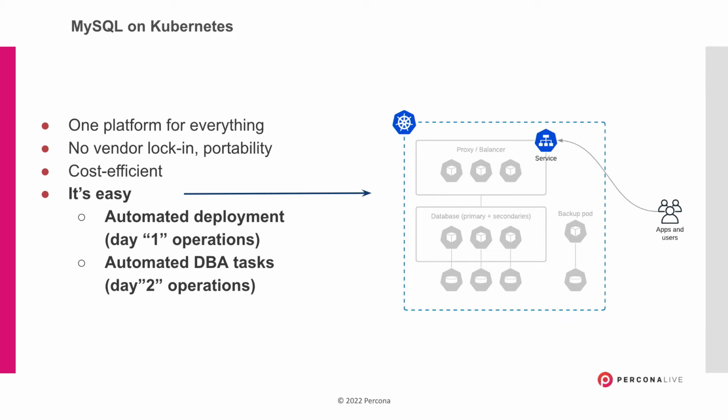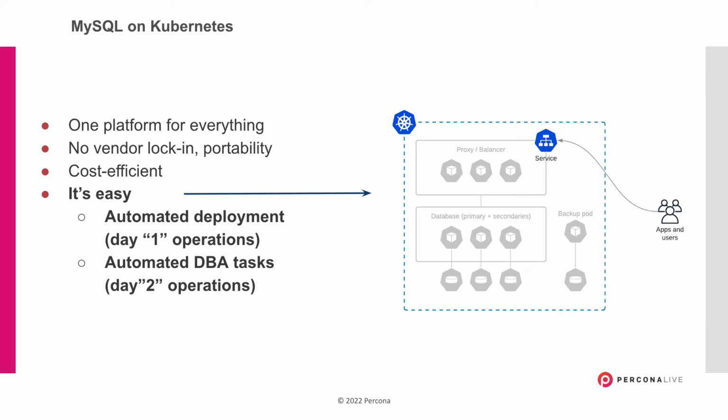So the general idea is that it simplifies. The complexity should be hidden from you. You don't care how the traffic is exposed. You don't care how the replication is implemented, and many other things. From the perspective of someone who uses the database cluster, it should be more like, hey, I need MySQL as a service, rather than, okay, how do I deploy HAProxy and make sure that I configure it, or what type of high availability solution should I use?